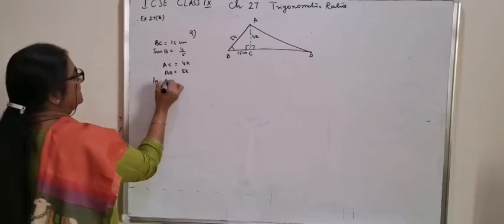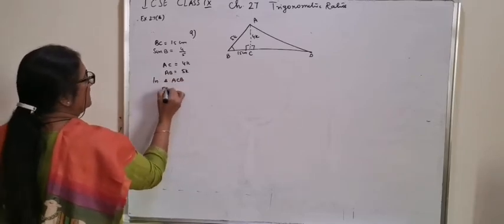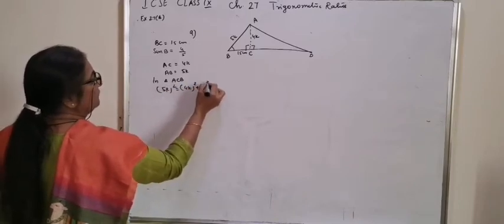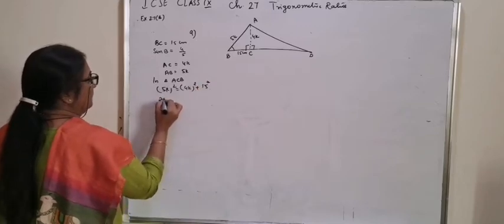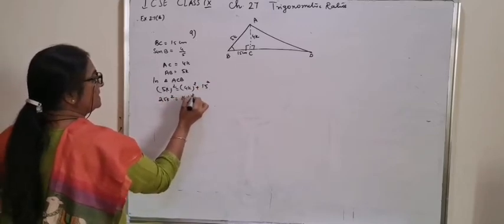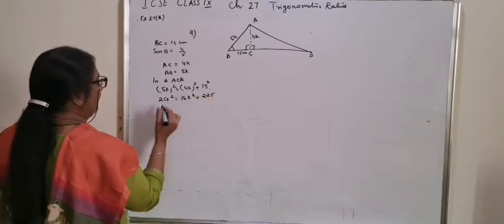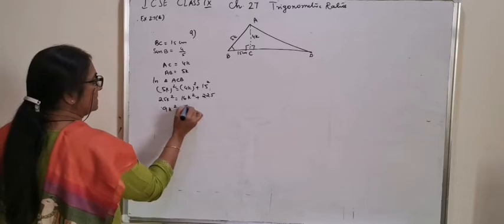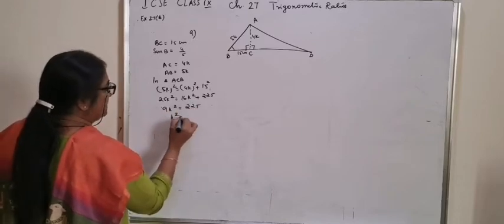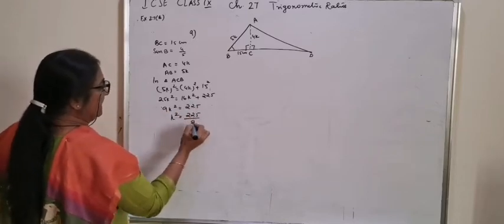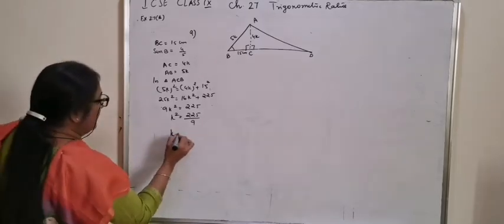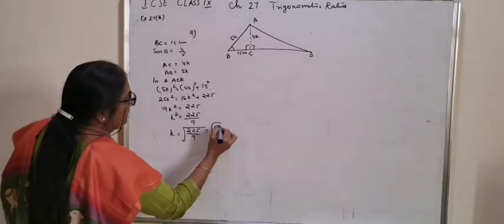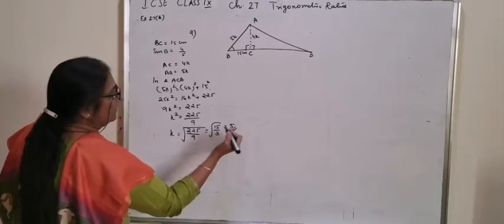So in triangle ACB, if you apply Pythagoras theorem, 5K the whole square is equal to 4K the whole square plus 15 square. 25K square is equal to 16K square plus 225, or 25K square minus 16K square is equal to 225. K square is equal to 225 by 9, or K is equal to square root of 225 by 9, which is equal to 15 by 3, or 5.